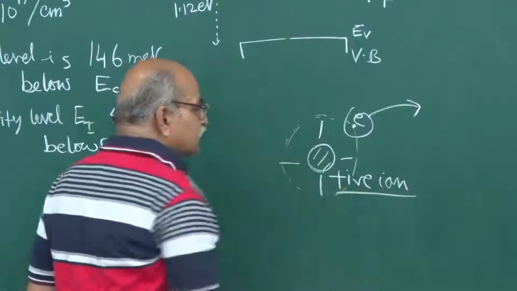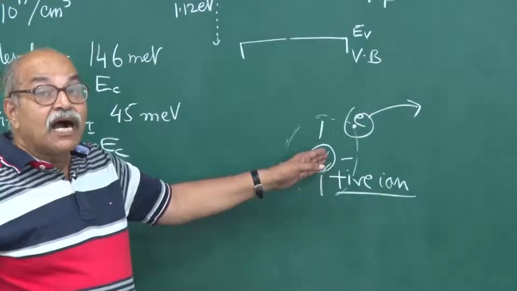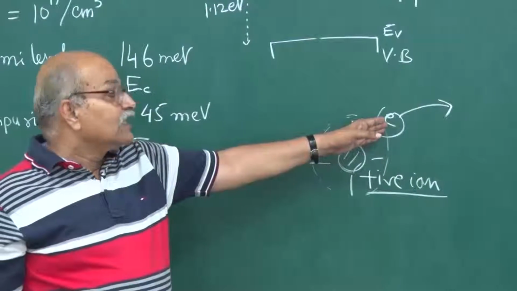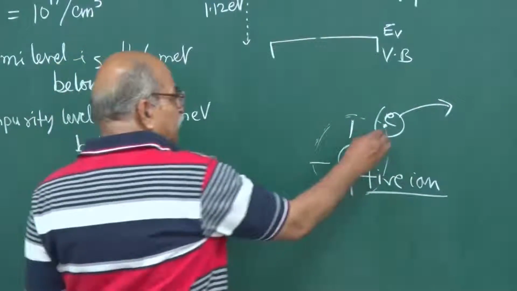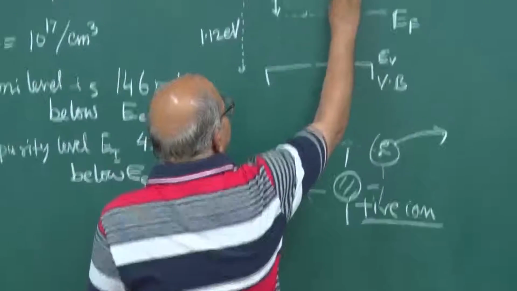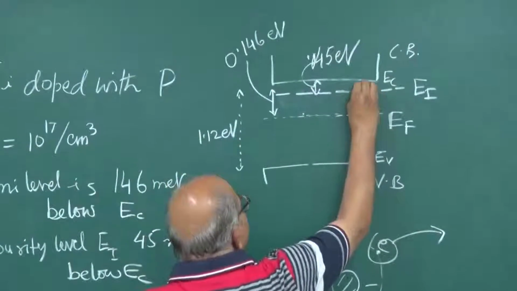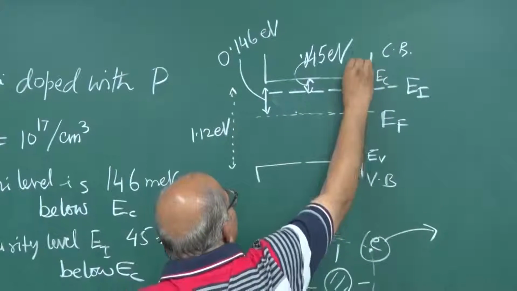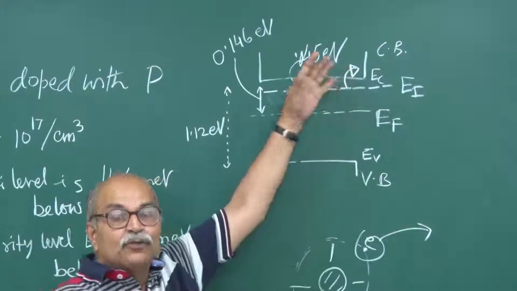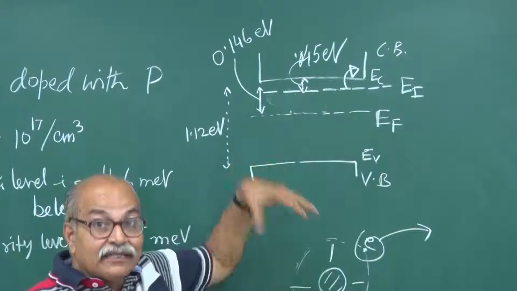And you say that this donor atom has been ionized. That means the electron has gone into the conduction band. So the impurity level energies are here. Once the electron goes from this impurity level to the conduction band, your donor atom is ionized.